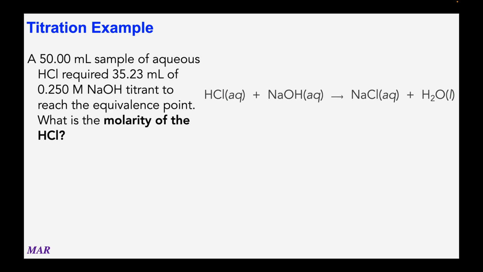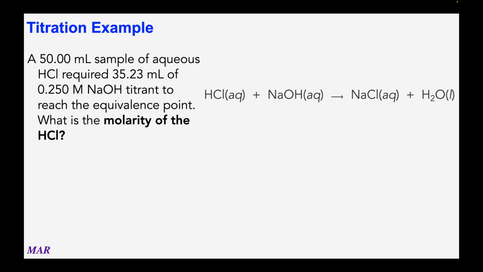And moles per liter, you can use that and the liters, 35.23 milliliters converted into liters, 1,000 milliliters per liter. We can use that and a mole-to-mole ratio from the balanced reaction to end up finding what the concentration of the HCl is. So in this problem, we are after the molarity, the moles per liter of hydrochloric acid.